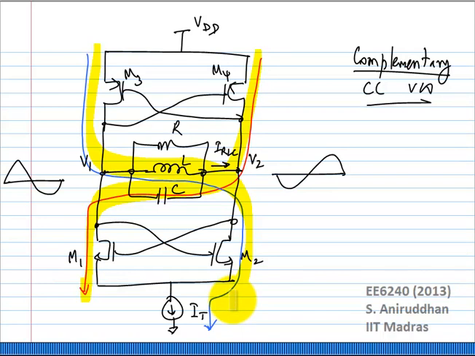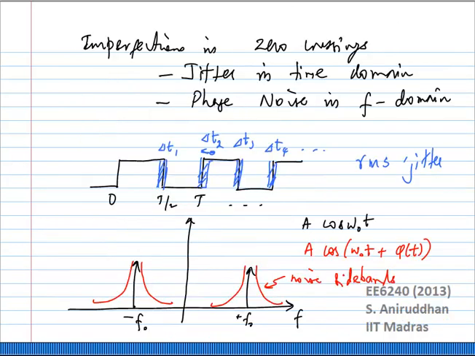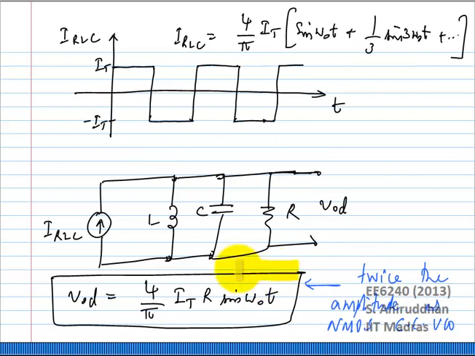In the NMOS only case, half the tank was carrying the full current for half the time. Here the full tank is carrying the current in two different directions, in two different half cycles. And therefore, the overall amplitude of the complementary oscillator is actually twice what you get from the NMOS only cross-coupled oscillator.